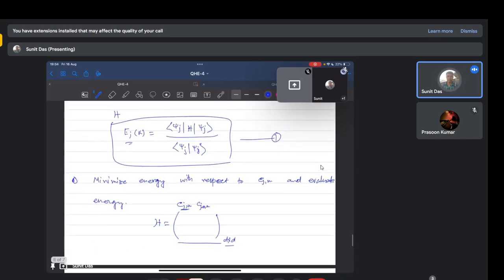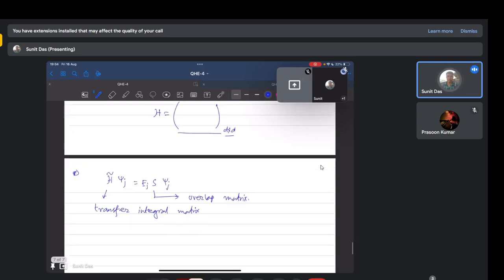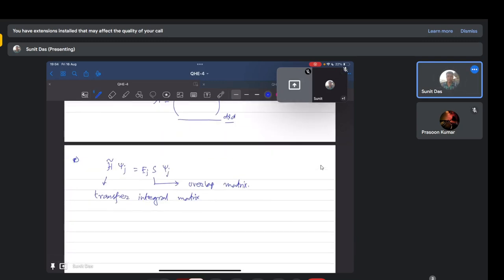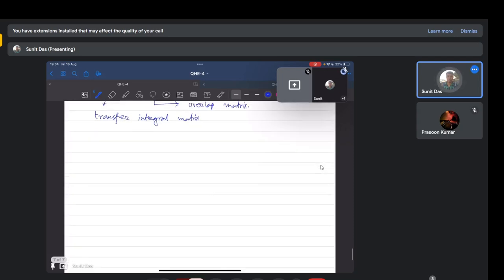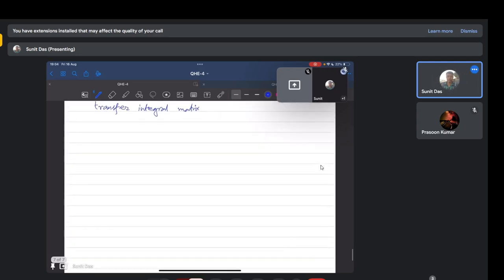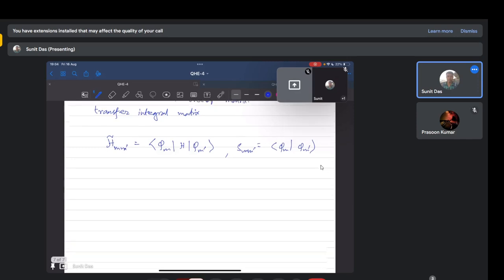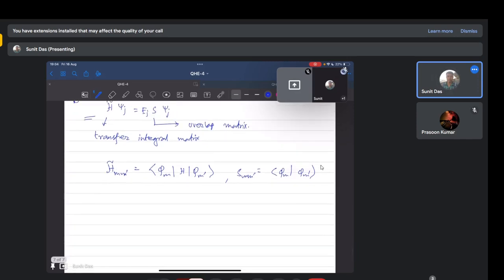S is coming from this term, and this is actually given by: H tilde between two atomic orbitals, let's say m and m prime, is simply given by phi m H phi m prime, and then S m m prime is simply given by phi m phi m prime.